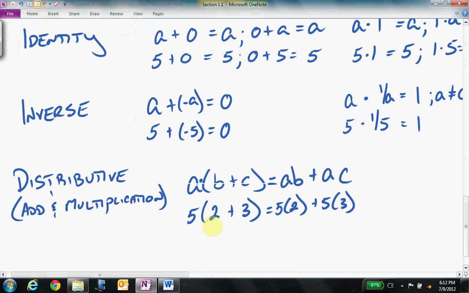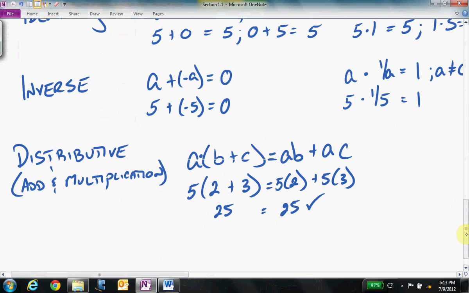Oh, no, this isn't 6. 2 plus 3 is 5. 5 times 5 is 25, not 30. Wow. Mental error. I'm glad we caught that. So this side is 25, and on the right side, 10 plus 15, also 25. So it checks out.